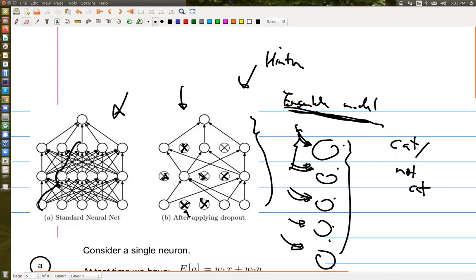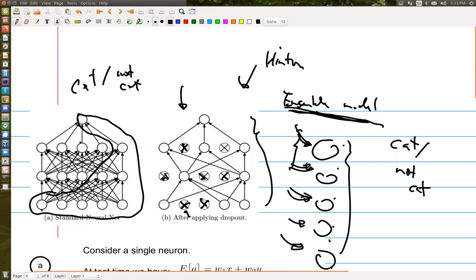For example, say I'm doing cat versus not cat recognition, and I managed to get part of the layer doing really well. Based on the training data, I say, okay, I classify it as a cat whenever I see something with a tail, something like that.